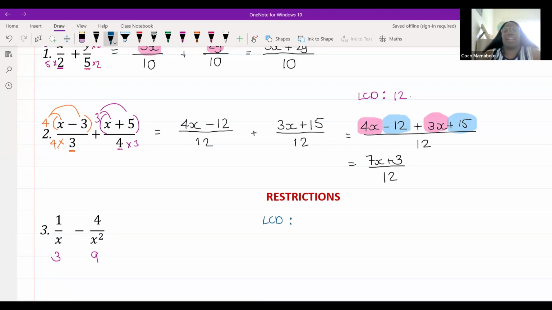It's 9. It's 9, isn't it? Because 9 divided by 9 will just give us 1. And 9 divided by 3 will give us 3. So the number that 9 and 3 can go into is 9. So the LCD in the case of these two numbers is 9.